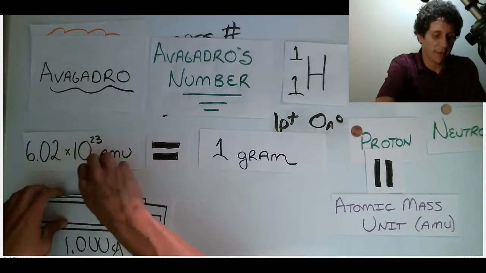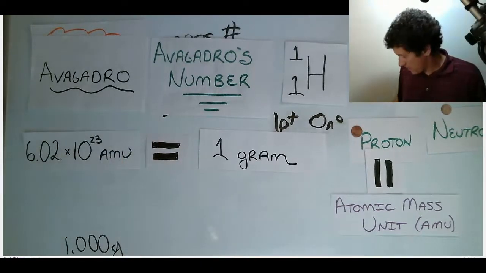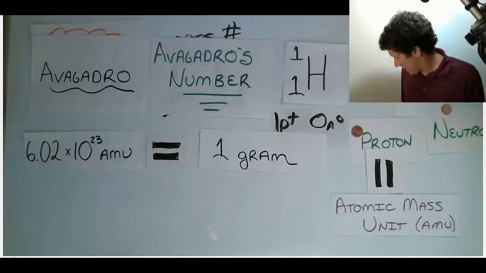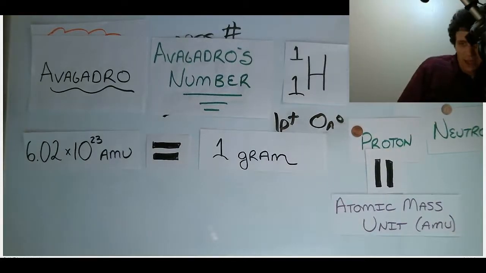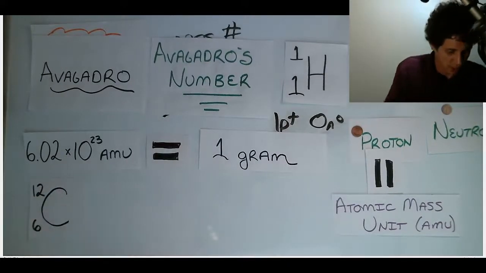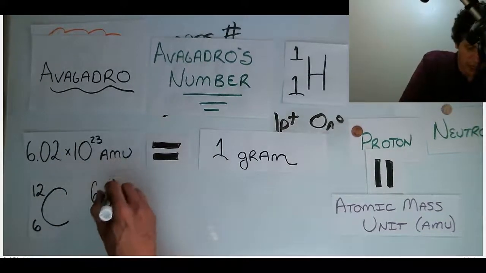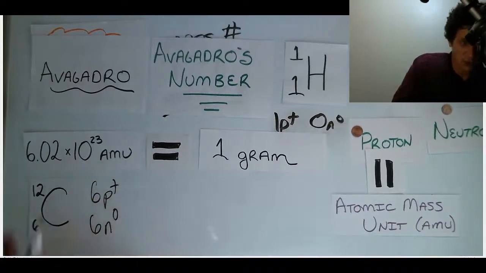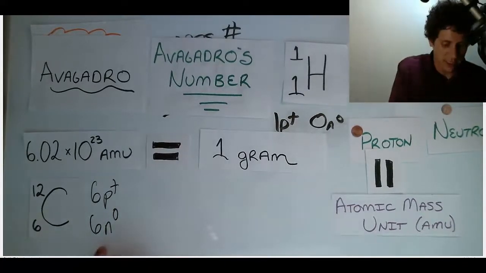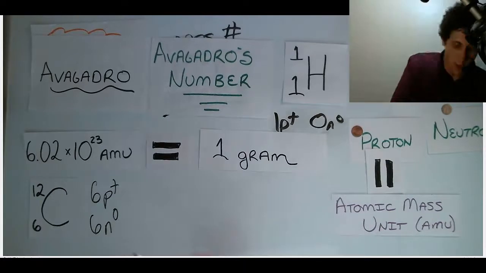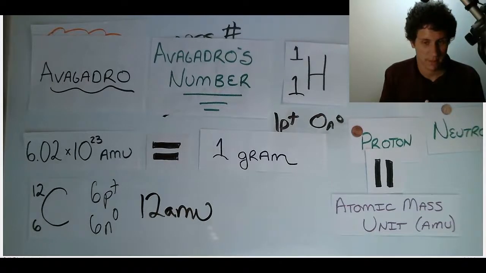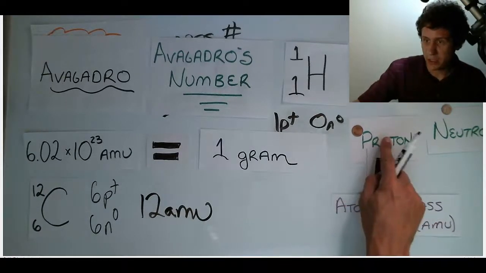So Avogadro, by coming up with this number, has now set us up to understand not just hydrogen 1, but really any other atom. Imagine I had carbon 12 instead. Carbon 12 is made of 6 protons and 6 neutrons. 6 plus 6 is 12, and I know there are 6 protons because the atomic number is 6. So I would expect this atom to weigh 12 atomic mass units, because it has 6 protons and 6 neutrons, each weighing 1.